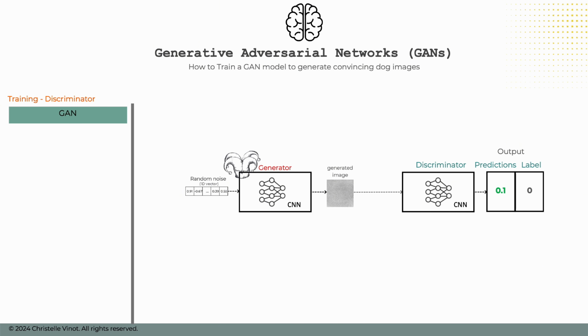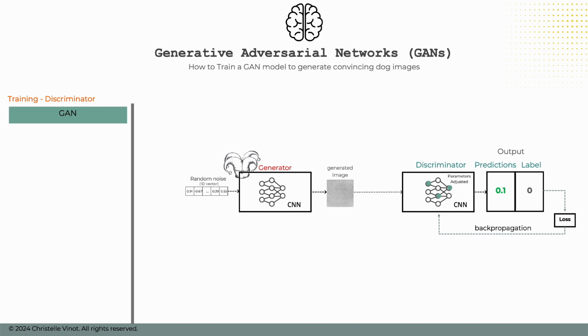As expected, the discriminator easily spotted that the image is fake because it looks nothing like a dog. The prediction score is only 0.1. The algorithm calculates the error, or the loss function, based on the difference between the discriminator's prediction and the actual label, and since the fake image was easily detected, the loss is minimal.